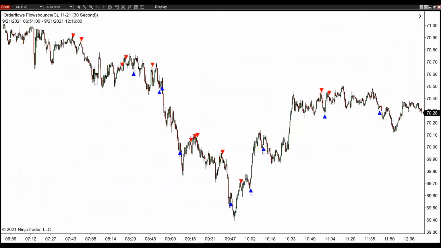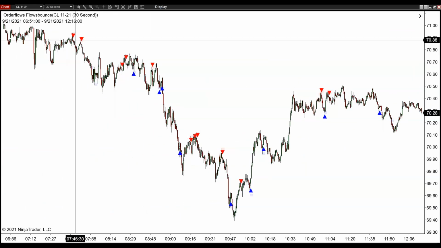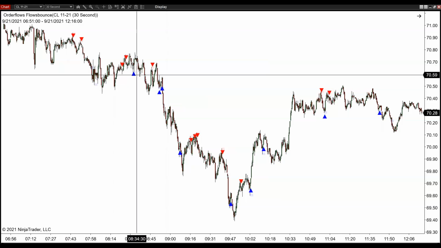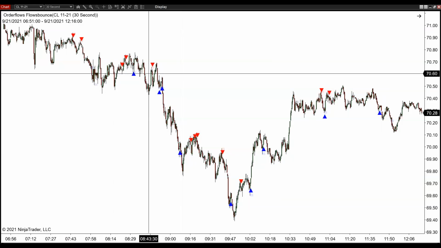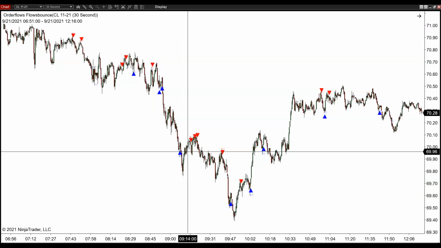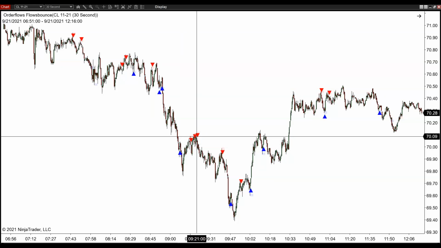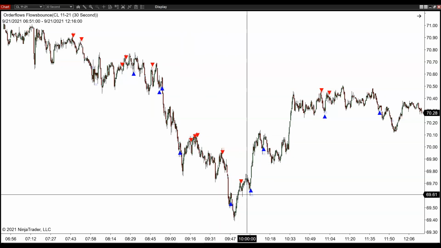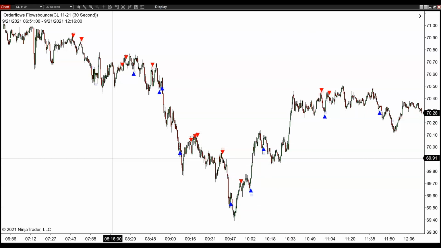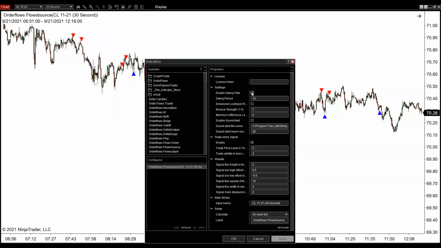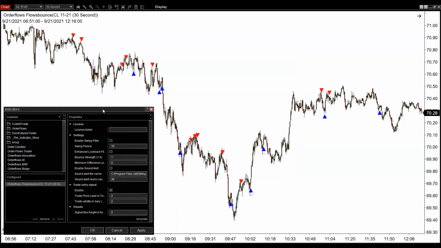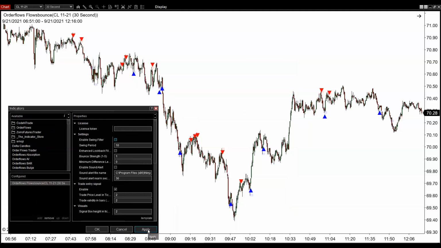So here yesterday, you can see the sells, the buys aren't really working out that great on this day on a market that's selling off until it turns around, then the buys will kick in. But you see the sells grouping in here, then the buys really start kicking off. Now, for example, if I take off the swing filter, you're going to see a lot more signals.